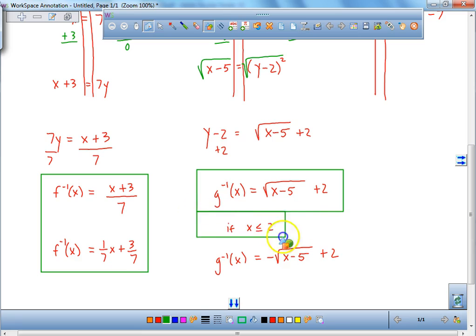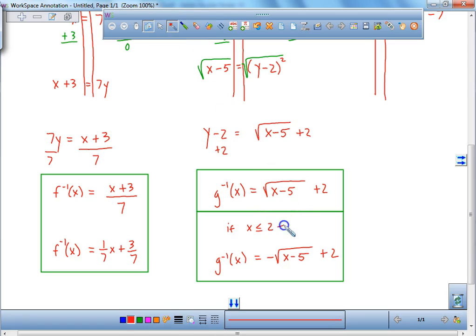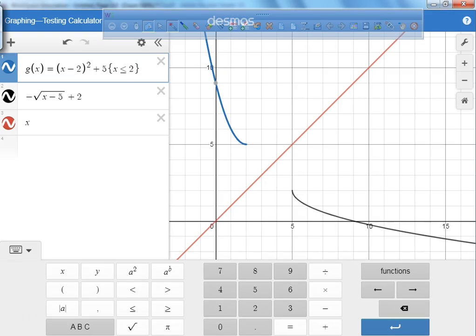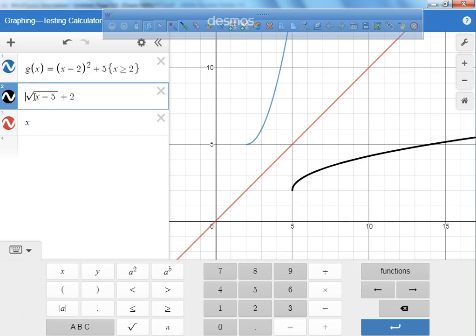But if I change my domain, if this was my original domain, that impacts what our inverse is. Does that make sense? All right, so if that was greater than or equal to 2, if I move that back and I put greater than or equal to 2, then what happens to this negative? It disappears. All right, let's go to our final one for inverses, okay?